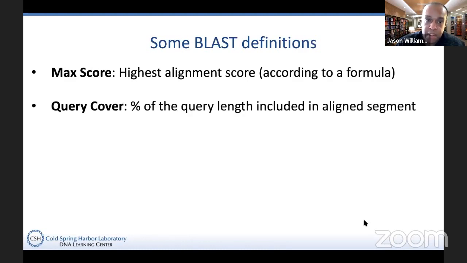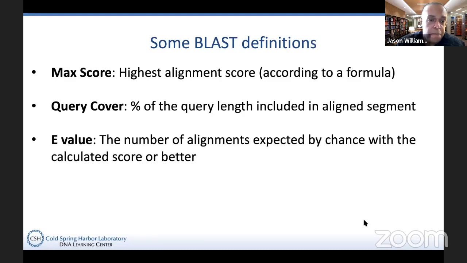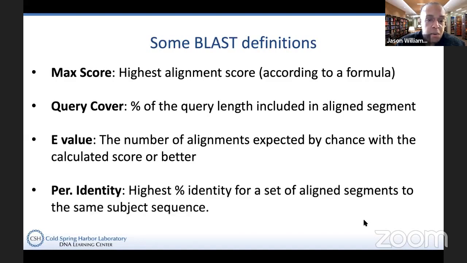So 99% of the coverage. The e-value, like I said, what's the chance that you would get such a match just by random chance, right? And what's the percent identity? How similar in terms of actual nucleotides matching? This is worth a lot of discussion. We don't have time to do so much, but these are some definitions that get you started to understanding what we're looking at.